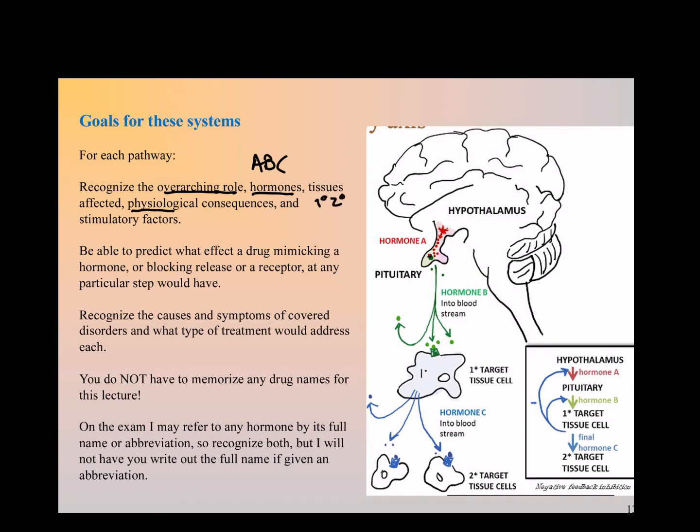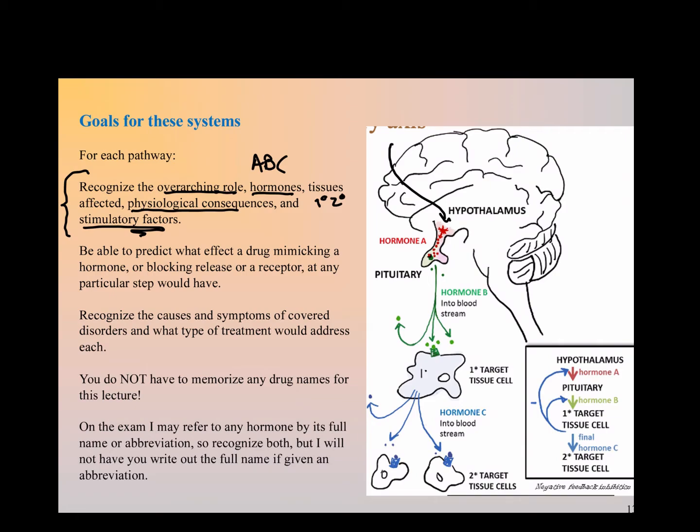You want to know what the physiological consequence is, what's happening at the end result, ovulation or glucose production. And then if we talk about them, you want to know what stimulatory factors might occur. And by that I mean what is going to activate that whole pathway to begin with. So that's really what you need to know in terms of understanding each of these pathways.